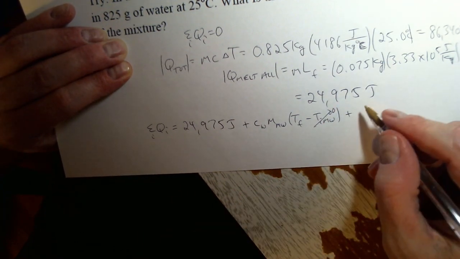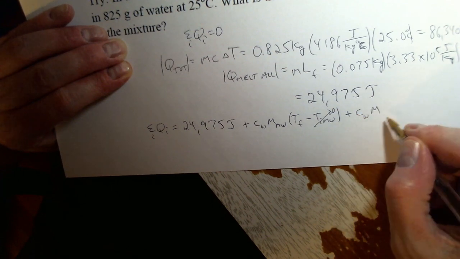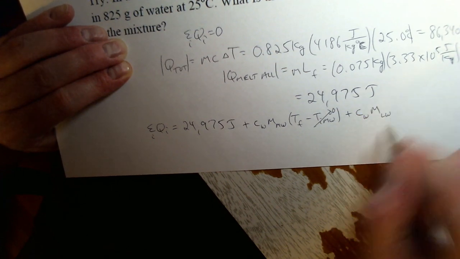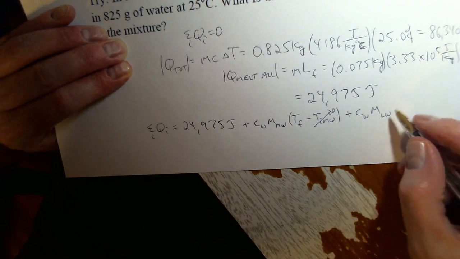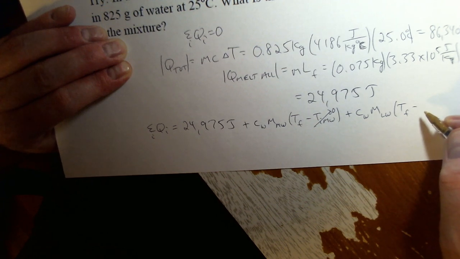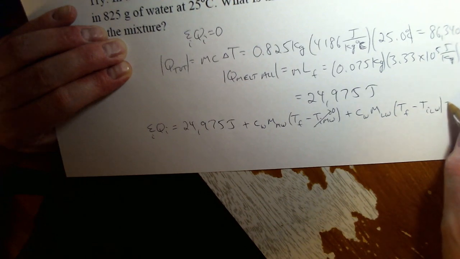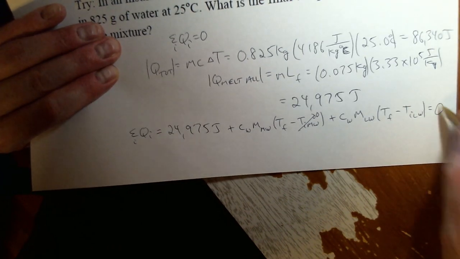Plus C of water times the mass of the initially liquid water, times T final minus T initial of the liquid water, which is the 25 degrees centigrade. And that whole thing is 0.